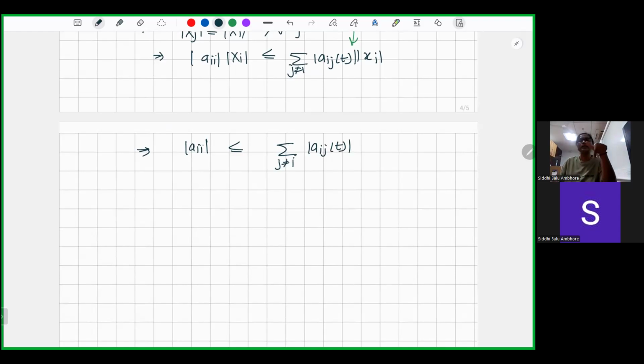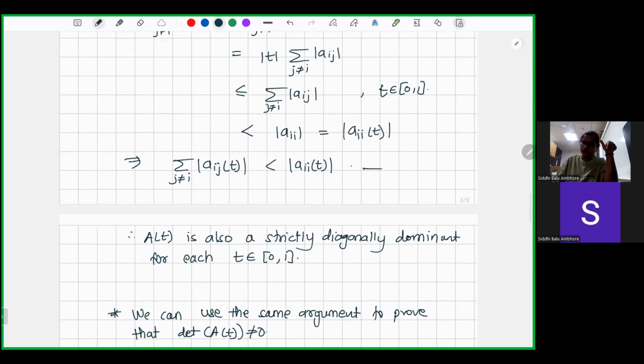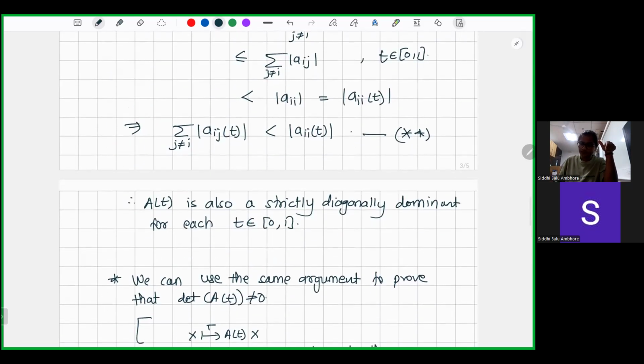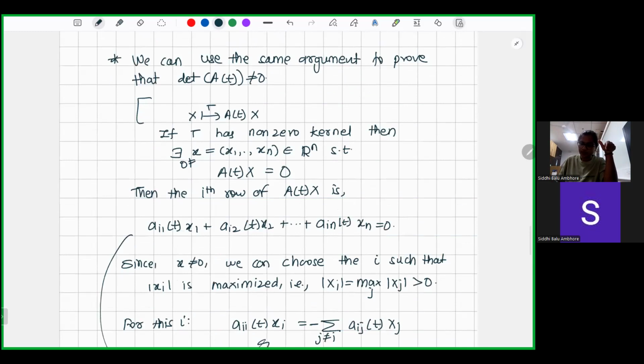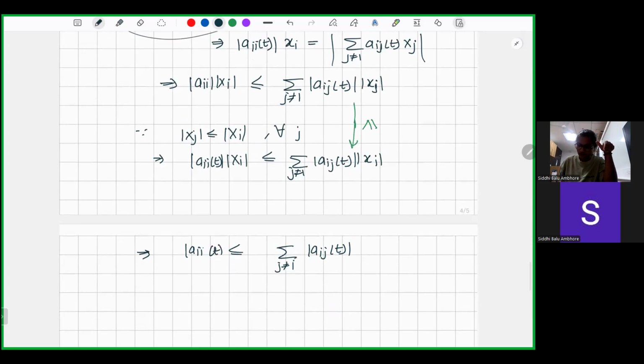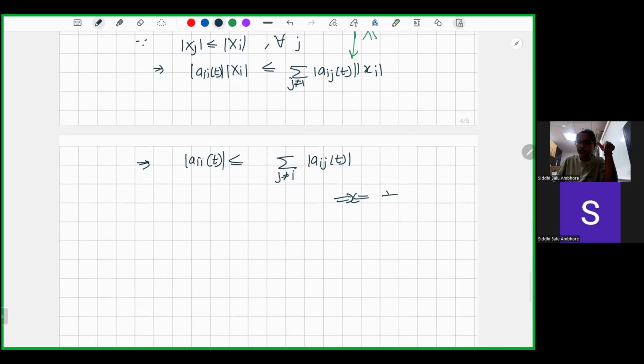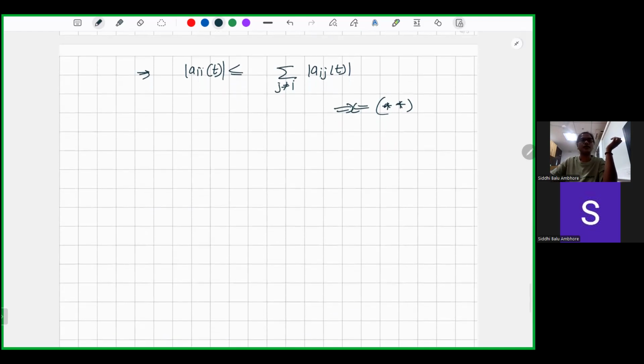And this contradicts this fact which we just proved. If I call this star star, this contradicts star star, which we just proved, that A(t) is a diagonally dominant matrix.